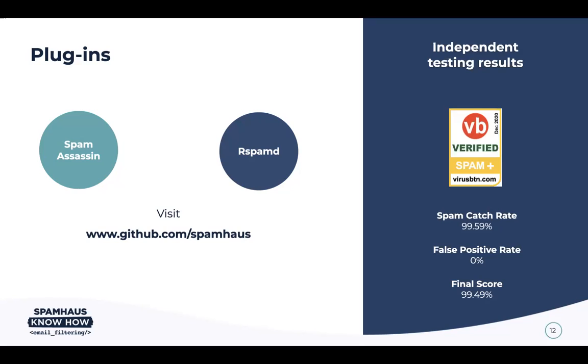Yes, to provide some additional context here, that score that you see there on the right side is being obtained using the SpamAssassin implementation, but that doesn't really make much difference. Both SpamAssassin and RSpamD use all the concepts that you have seen so far.